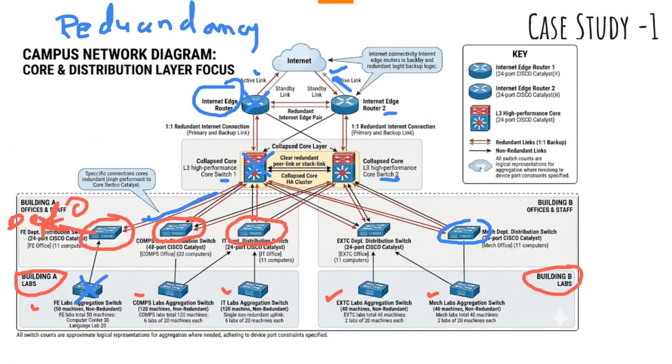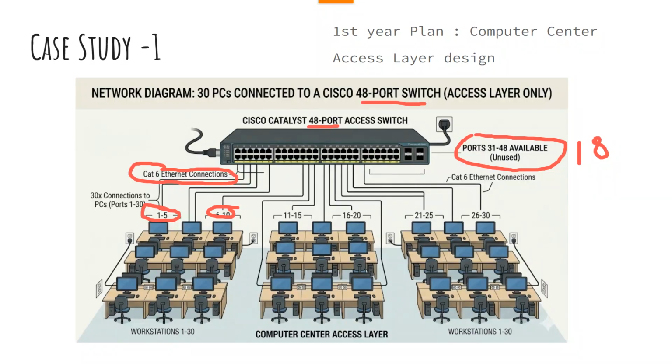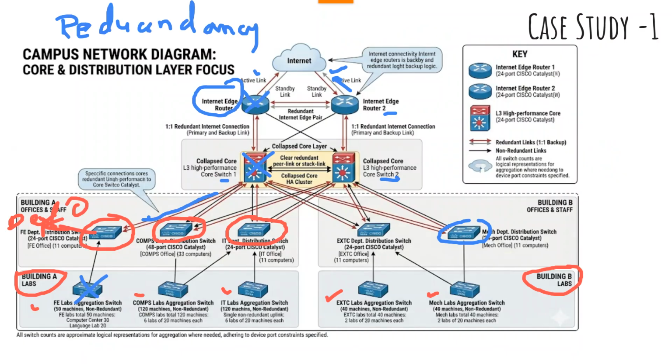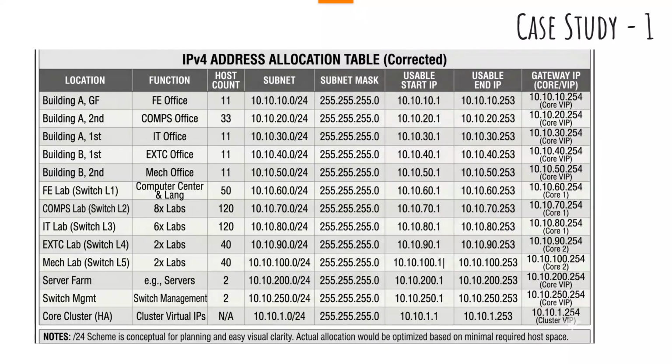Now let's look at this. This is my collapsed core architecture, this is my access layer architecture, and now what I need to do is look at the IPv4 addressing allocation table.